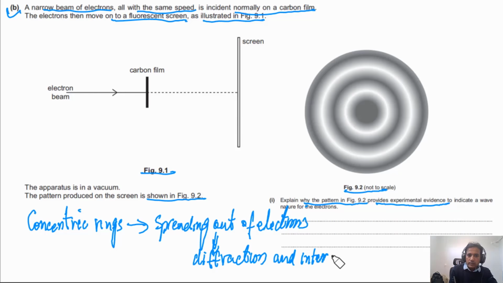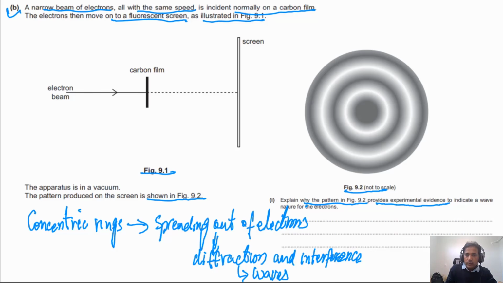Diffraction and interference are only properties of waves. So in this case, electrons behave like waves, or we can say electrons have wave nature. These are the points we need to write down in our answer.